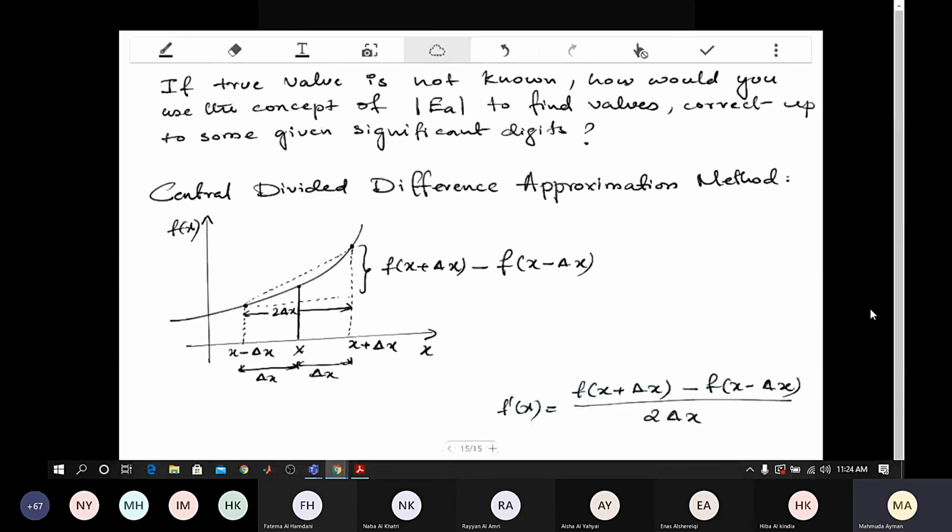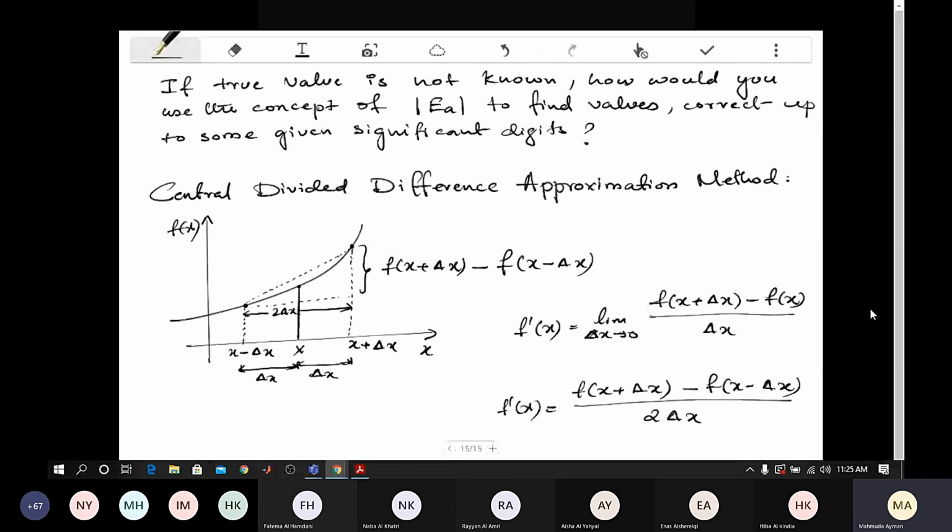I did use the definition. So that is the definition of the derivative. That's f dash x is equal to limit as delta x approaches 0 of f of x plus delta x minus f of x divided by delta x, right?